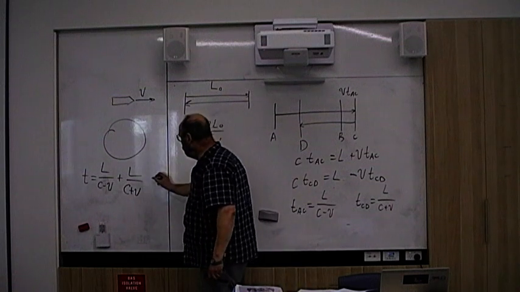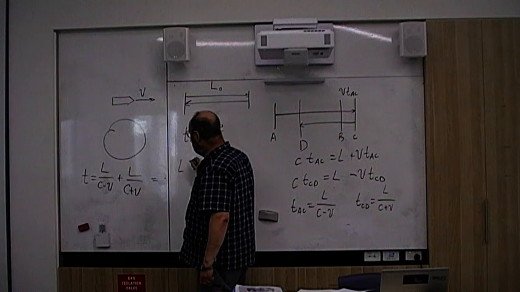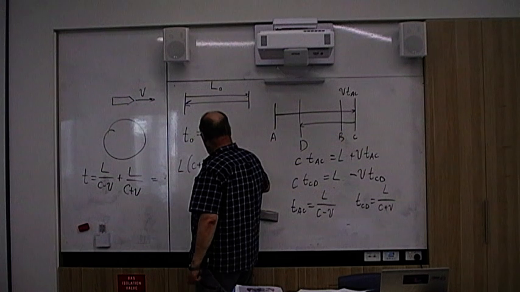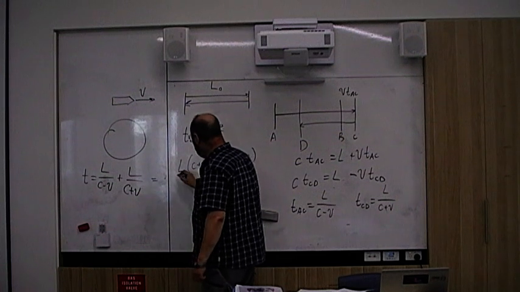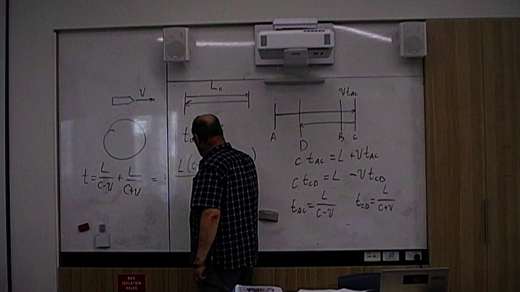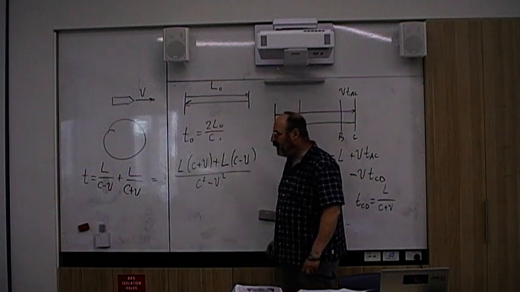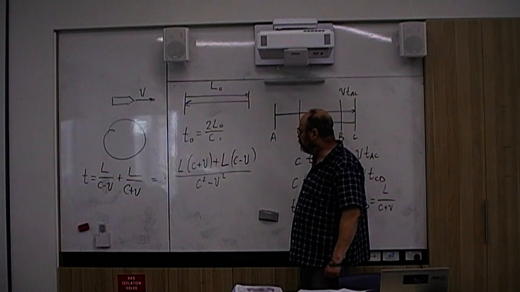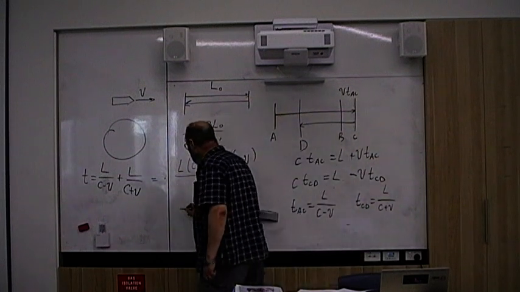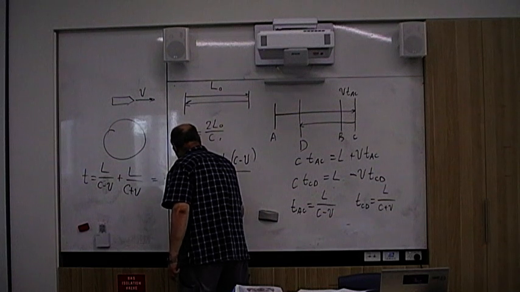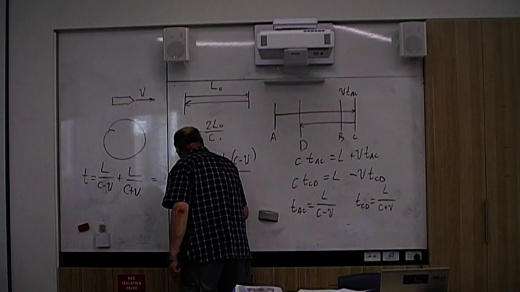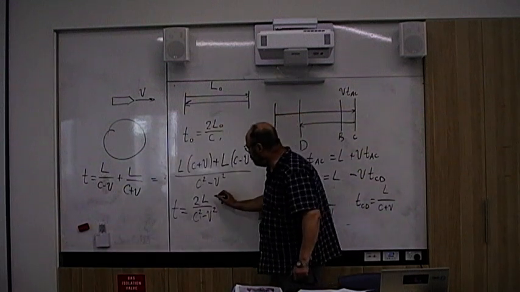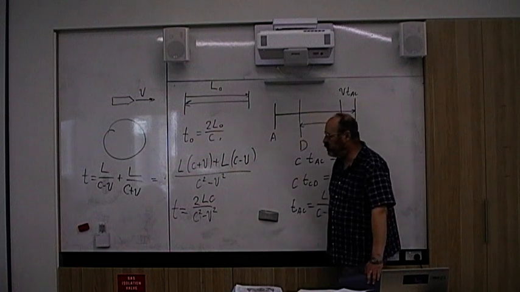That will be equal to L times (C plus V) plus L times (C minus V) over C squared minus V squared. Expanding brackets and simplifying, we get 2L divided by C squared minus V squared. So we found 2LC over C squared minus V squared.